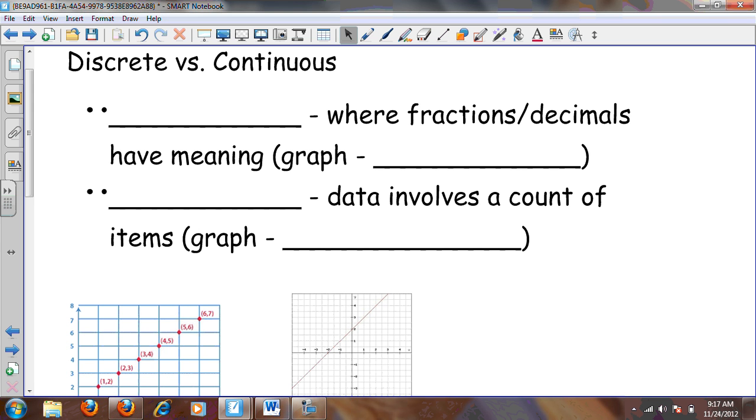Notice they made a table. They inputted values, and then they graphed them. When they graphed them, they connected the points. Think about what that might mean. Skip down to example 3 for a moment. It's talking about photography.